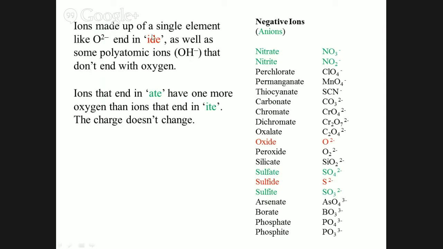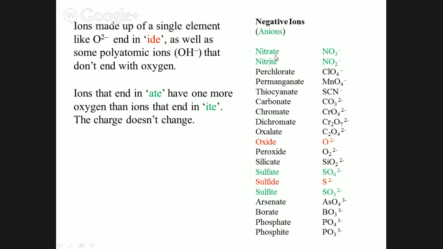So again, ions made up of a single element, like O2-, that would be an oxygen ion, end in "ide" for their names. And some of the polyatomics that basically just have one of each, 1 oxygen, 1 hydrogen, are called hydroxide. However, a lot of them end in ATE or ITE.